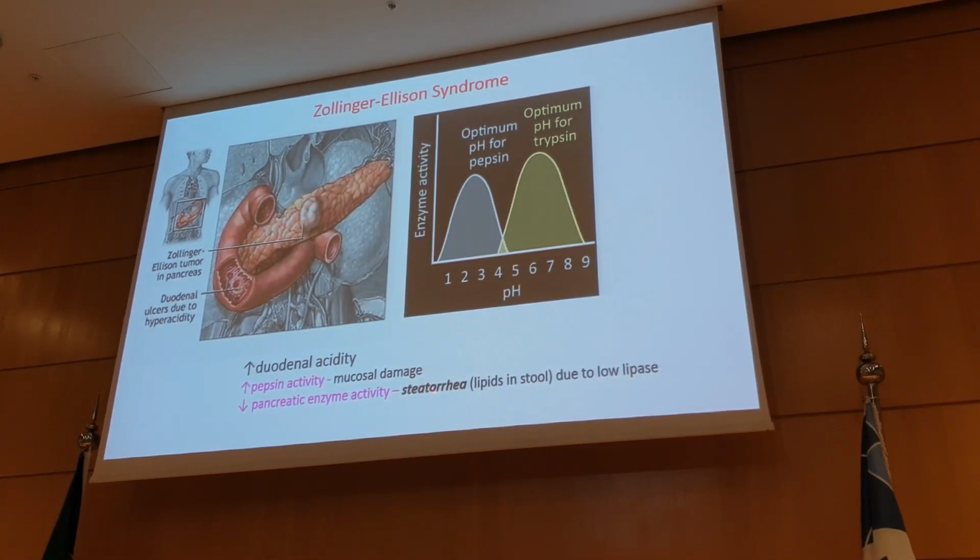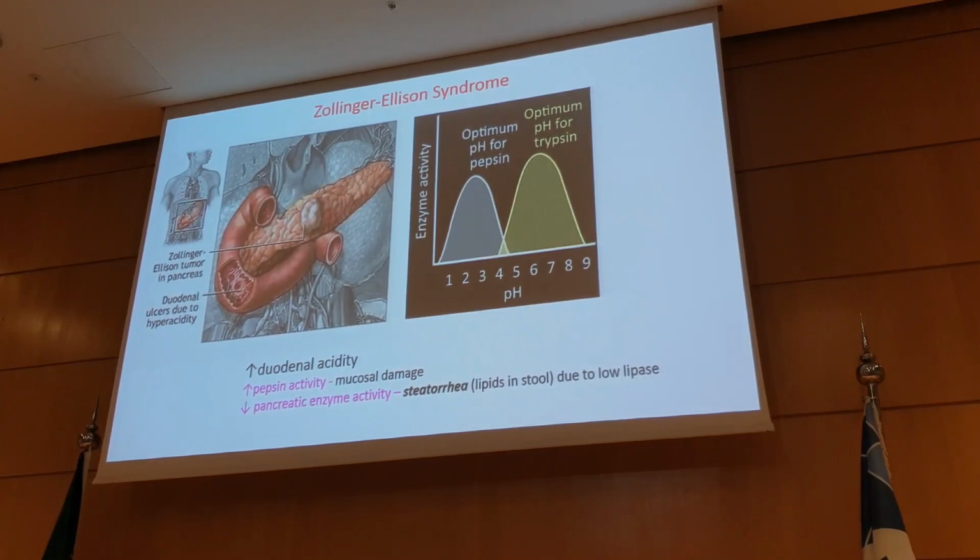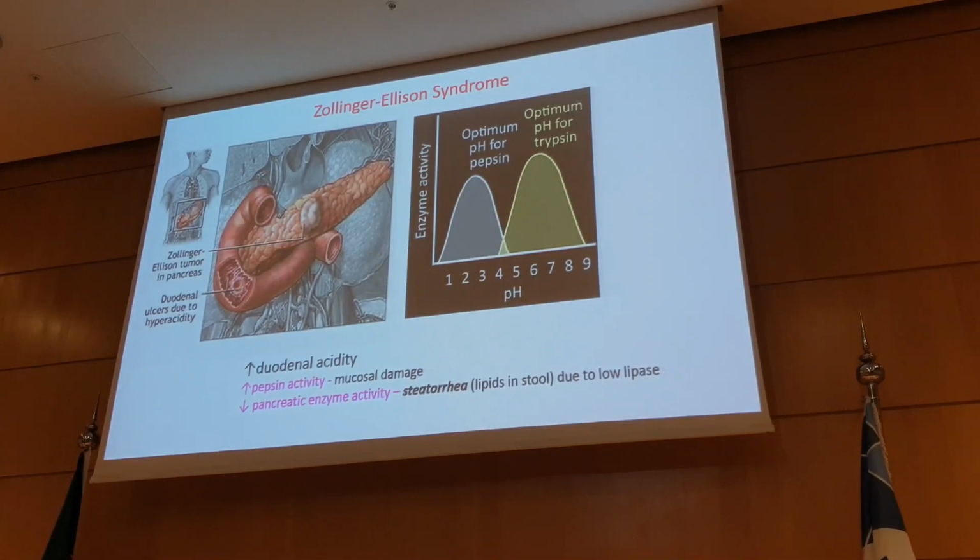So, here we're bringing up steatorrhea. Some of you may know what it is. Steatorrhea just means fat in the stool, okay? Now, that's due to a deficiency in a pancreatic enzyme called lipase, lipolytic, lipids, right? Lipase. You'll get that later, beginning of next week, pancreas and liver.